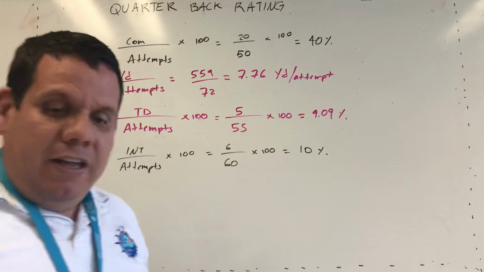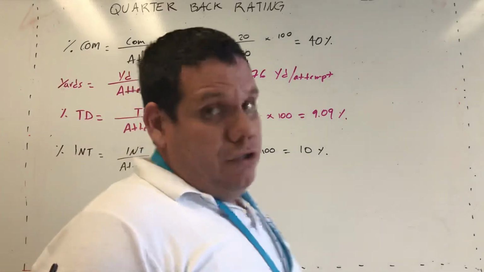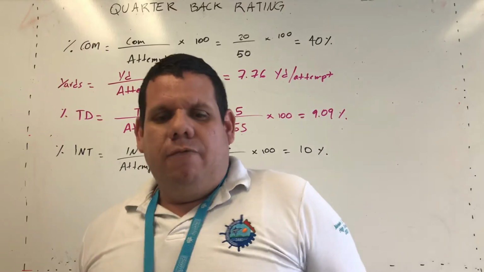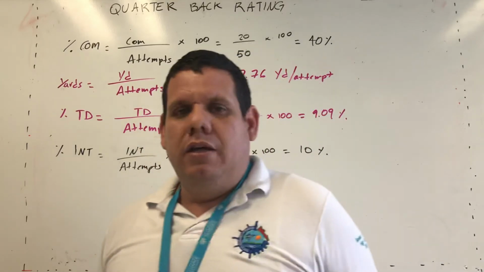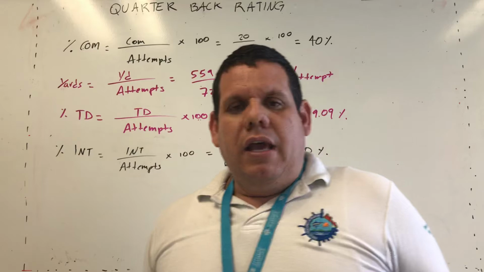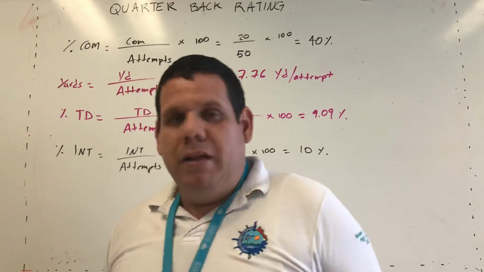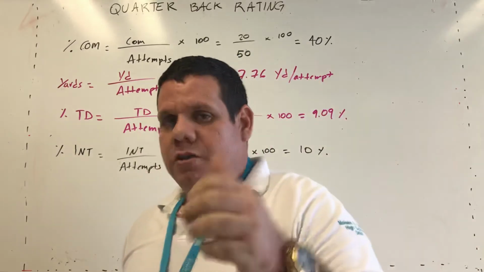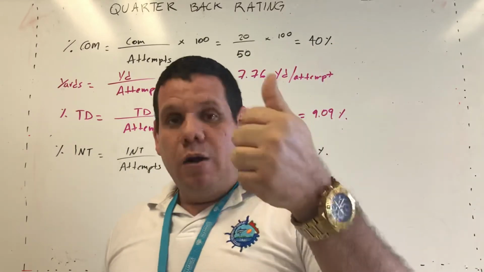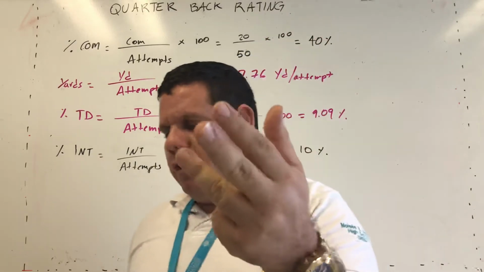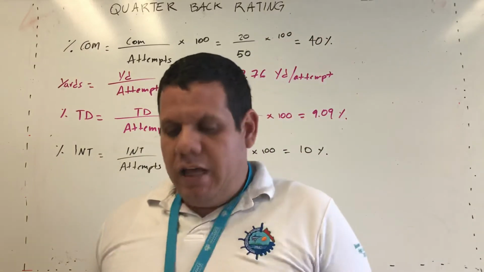All right, let's find this. As you saw in the video from YouTube that I shared in this class, the equation is very long. So to do this, we're going to split the problem into 5 equations. The main equation, the equation for the completed passes, the equation for the yards, the equation for the touchdowns, and the equation for the interceptions.